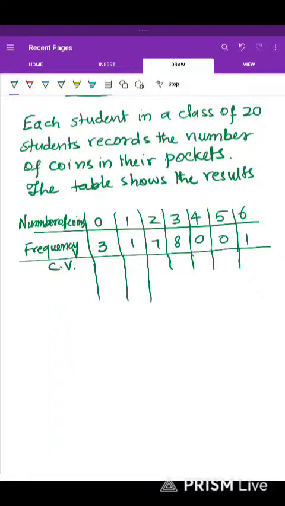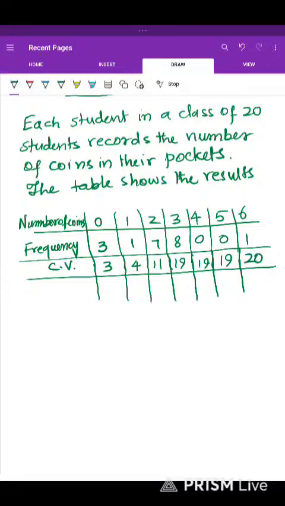We usually create a column for cumulative frequency. We add frequency. Look, this is 3, 3 plus 1, 4, 4 plus 7, 11, 11 plus 8, 19, 19 plus 0, 19, 19 plus 0, 19, 19 plus 1, 20. So the frequency is added up, right?